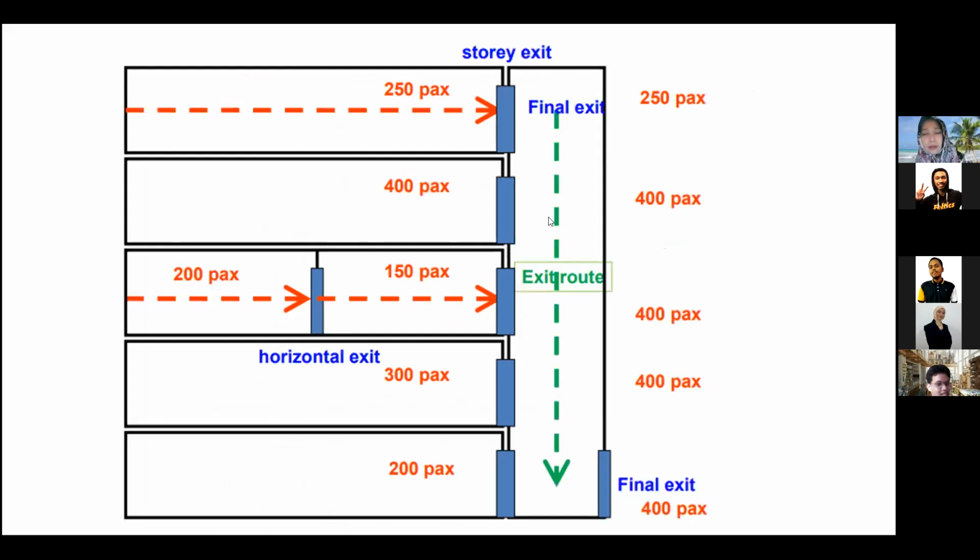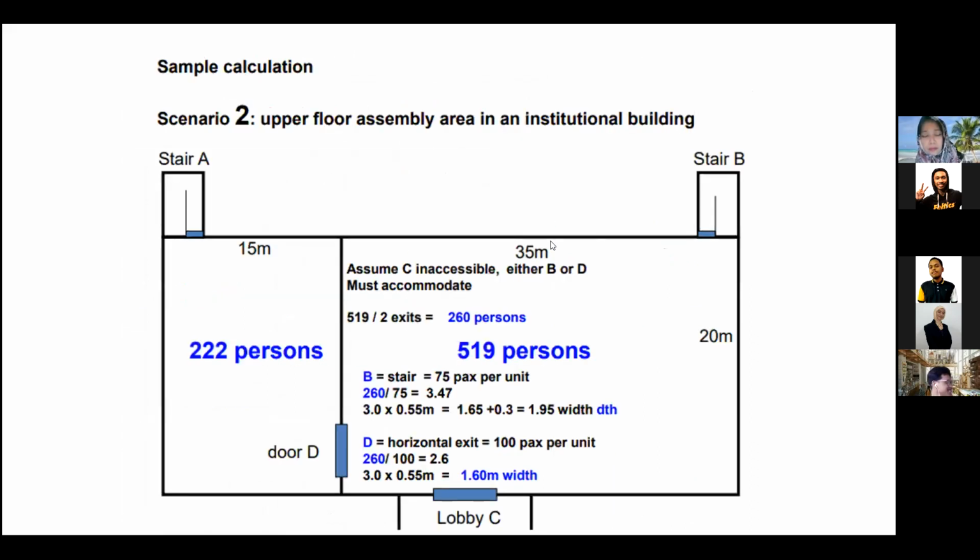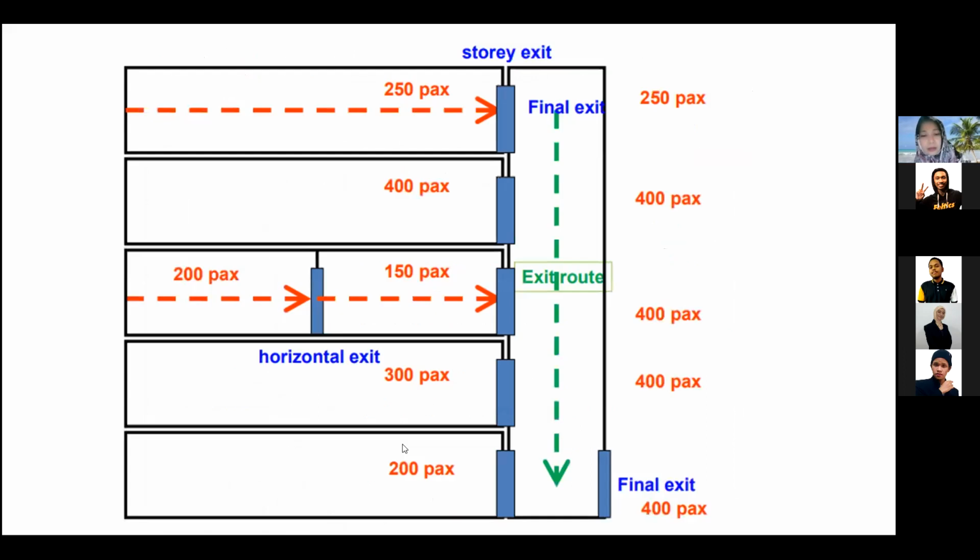But also, I meant like stair B, the width is wider than D, although more people enter stair D. If more people enter and exit, it must be wider, right? Yes, it's like the opposite.